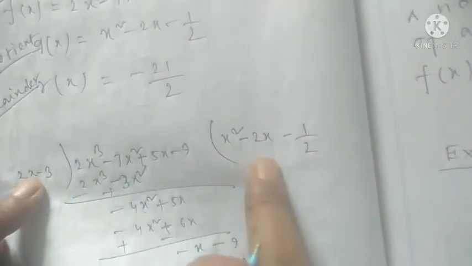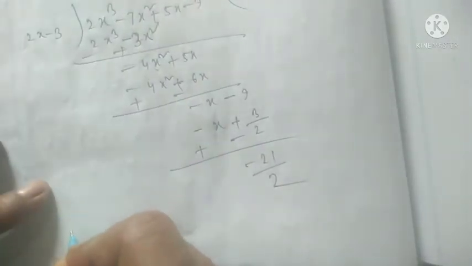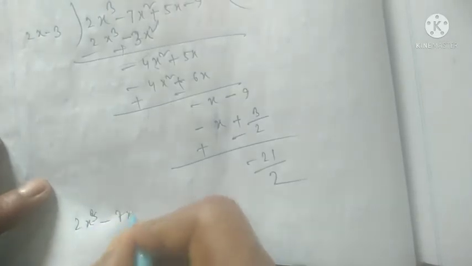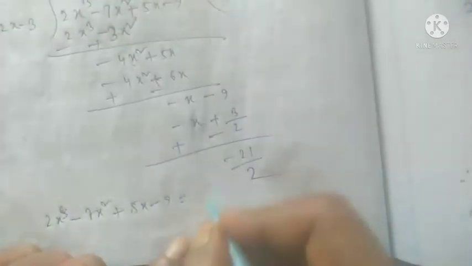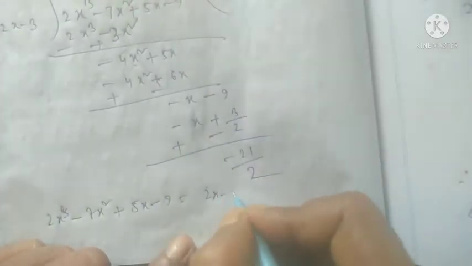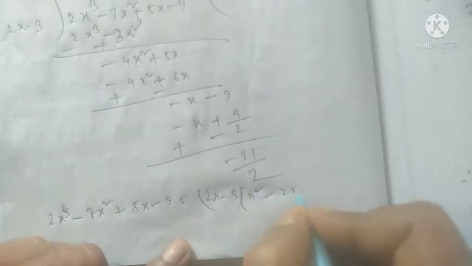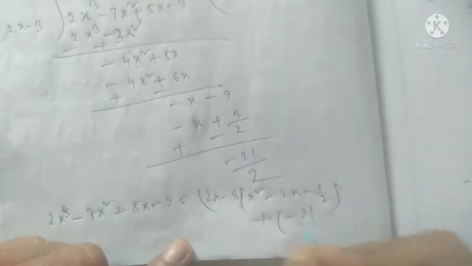You can write 2x cube minus 7x square plus 5x minus 9 is equal to 2x minus 3 into x square minus 2x minus half, plus minus 21 by 2.